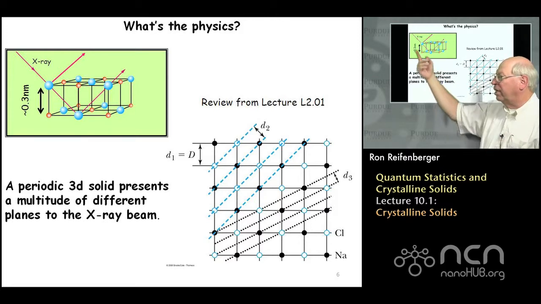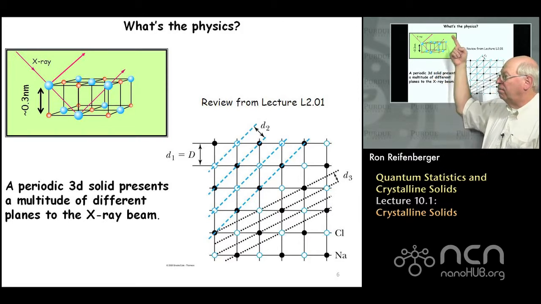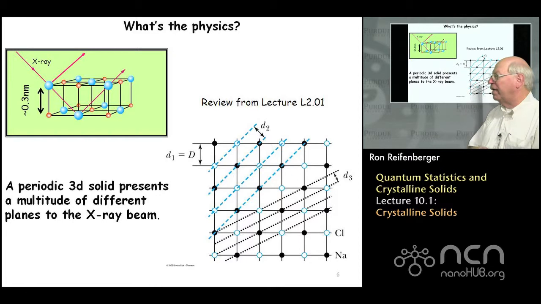You consider the X-ray beam to be partially reflected from both the top plane and the second lowest plane in the crystalline solid. If these partially reflected beams of X-rays constructively interfere on a distant screen or photographic film, you'll get a bright spot.